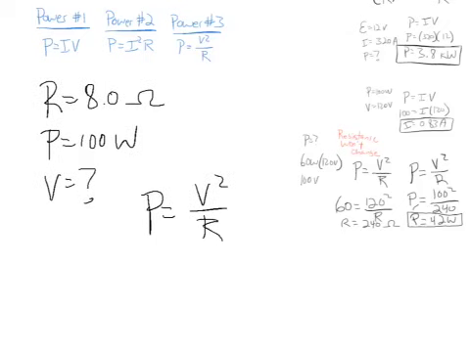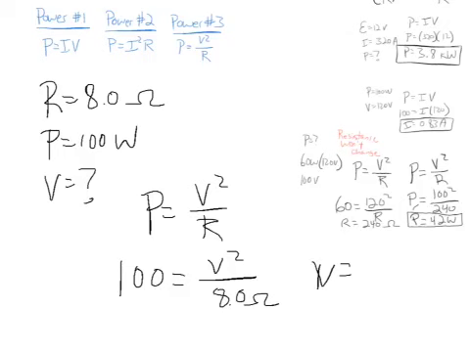So we're operating at 100 watts. We want to know what our potential difference is when we've got 8 ohms. And we end up with a potential difference of 28 volts.